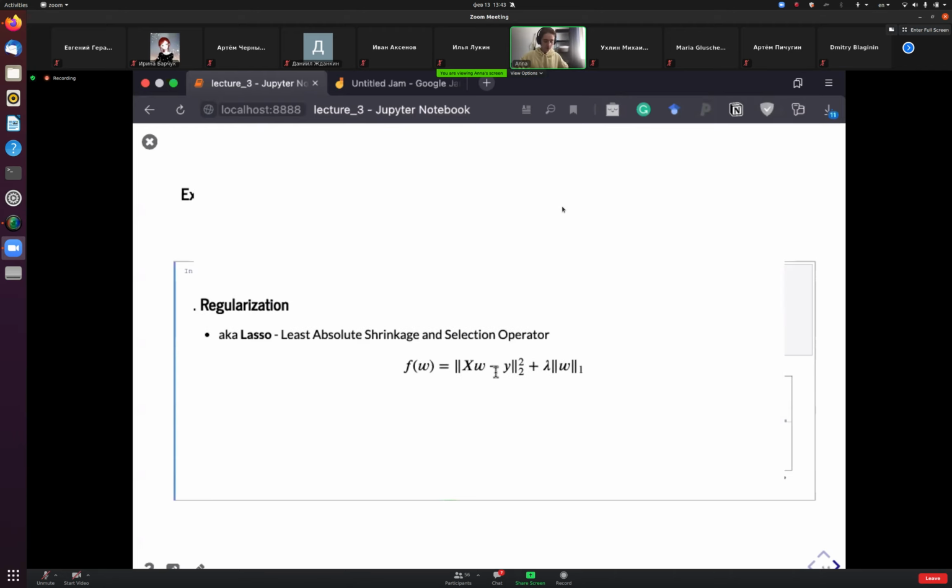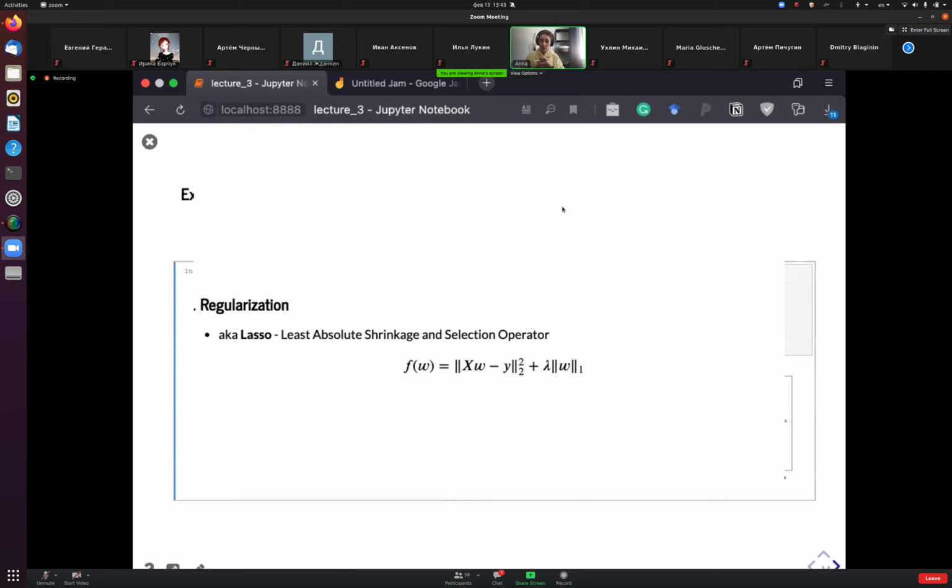Okay, let us then turn to L1 regularization, which corresponds to lasso regression if coupled with mean squared error loss. We now have a very similar objective. We have our MSE part, and we now have the regularization, which is the sum of absolute values.